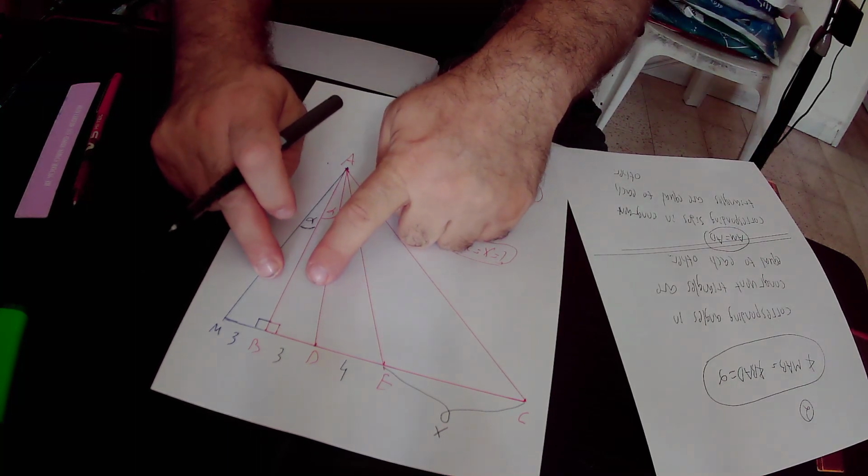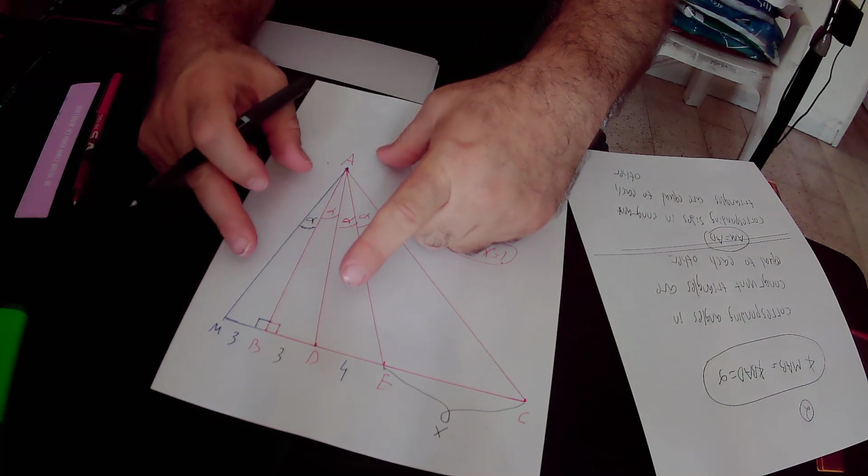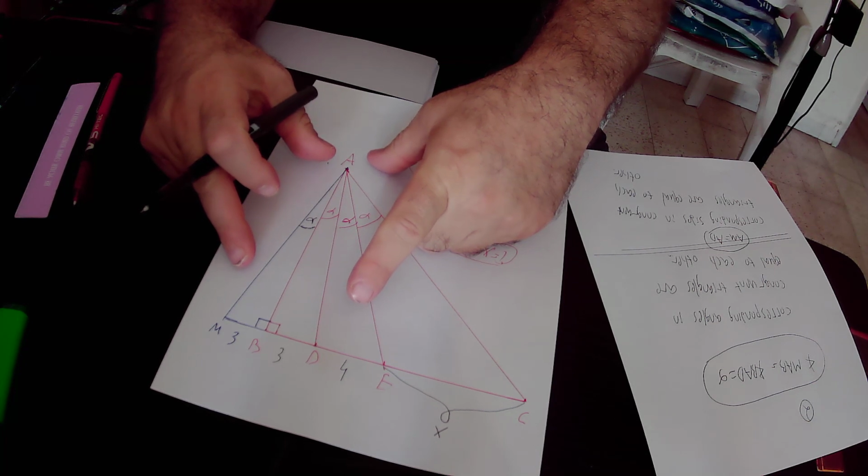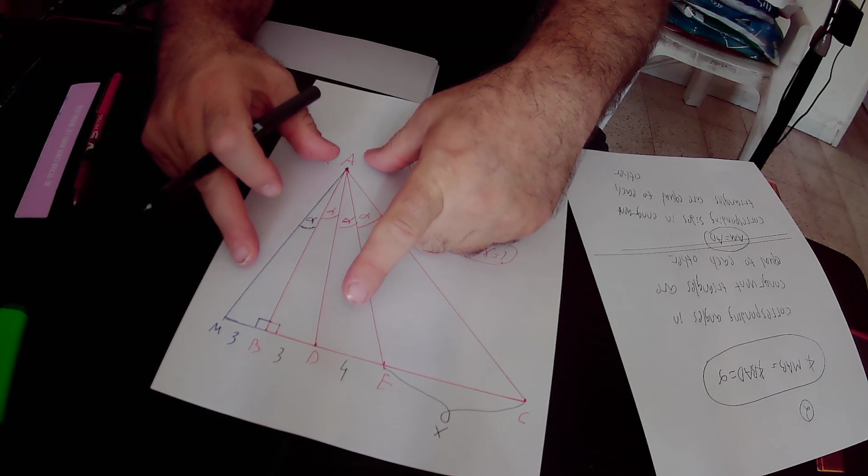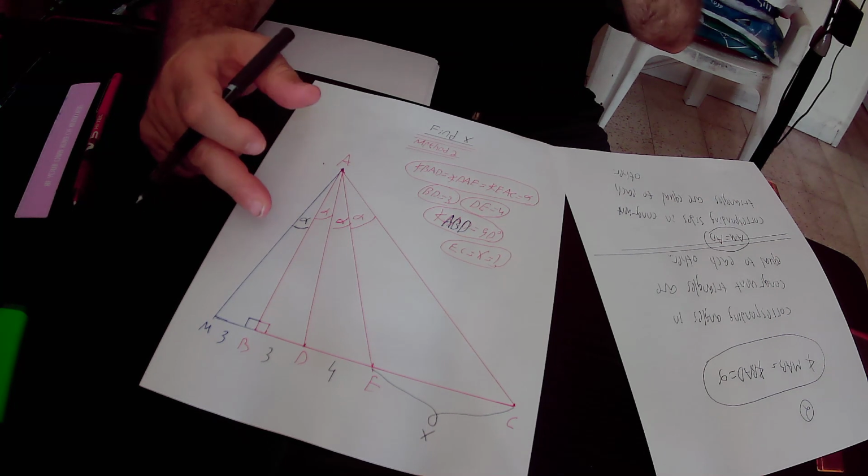Those two triangles can go into each other, therefore the corresponding sides, that is AM and AD, will be also equal to each other according to this rule.